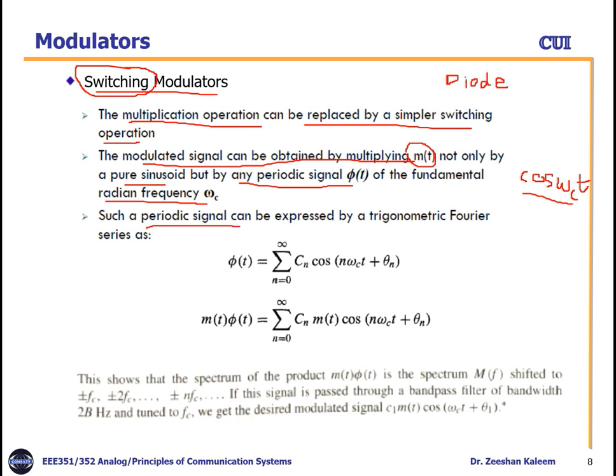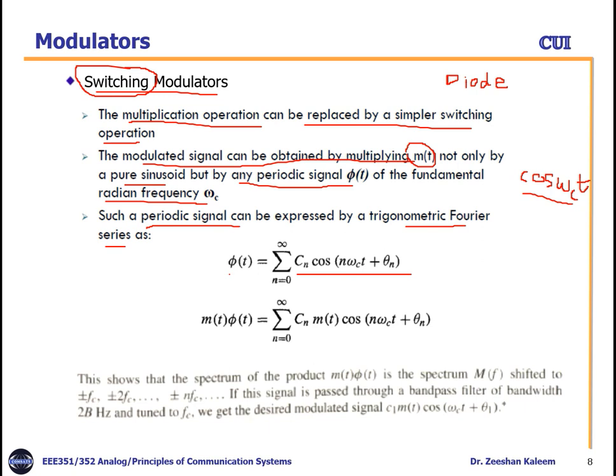How does it work? Let's see. Such a periodic signal can be expressed by a trigonometric Fourier series, as we studied in the previous lectures, that any periodic signal can be represented by a Fourier series. For example, we can represent any signal in terms of sine or cosine terms, for example, Cn cos(n omega c t plus theta n). This is called the trigonometric Fourier series.